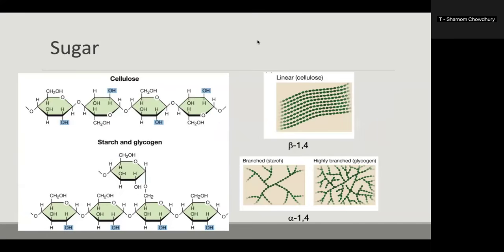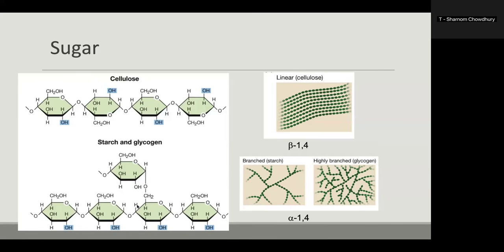So now we will talk about sugars. When we talk about sugars, monosaccharides are often referred to as sugars, and glucose is the most common form of sugar. Here you have cellulose, starch, and glycogen molecules. Monosaccharides, such as glucose, can combine to form cellulose, and they can also combine to form starch and glycogen.